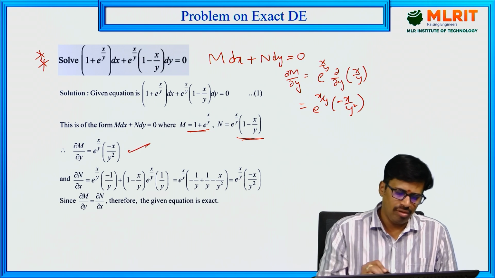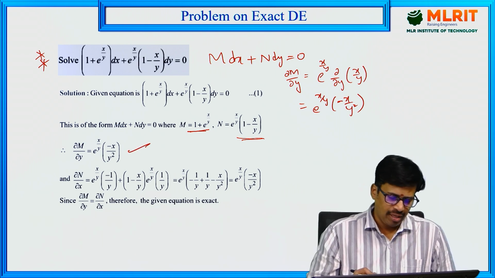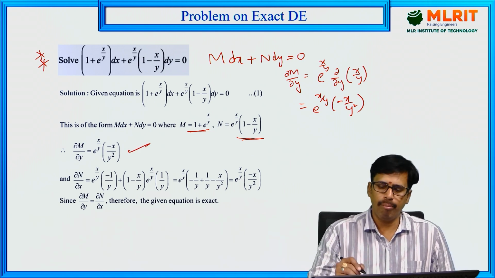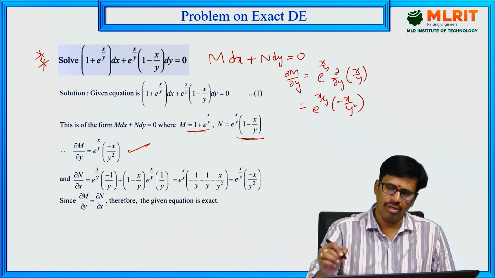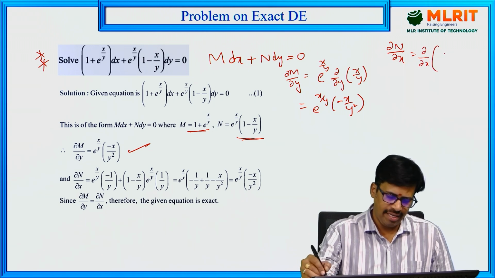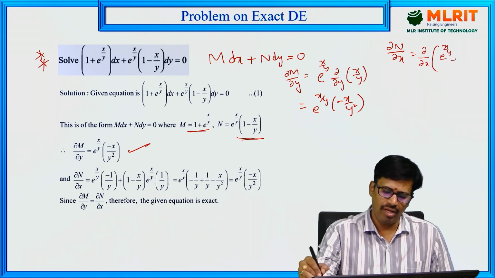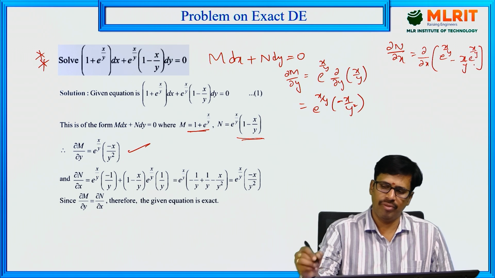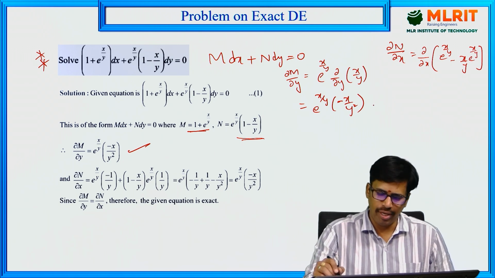So we got dou m by dou y. Similarly, dou n by dou x, that is dou by dou x of n. What is n here? E power x by y into 1 minus x by y, that is e power x by y minus x by y into e power x by y. You differentiate this with respect to x.